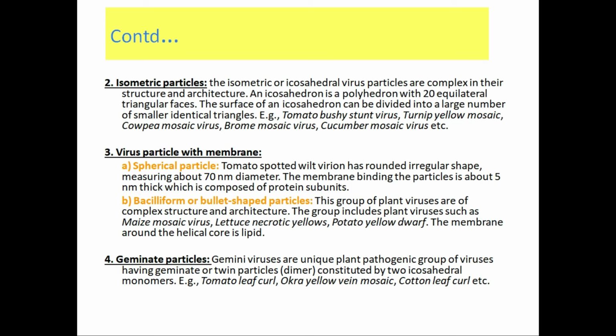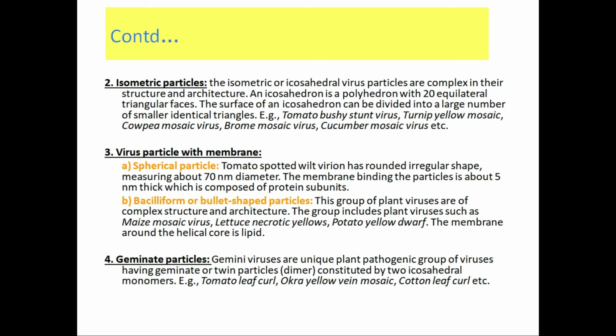Then virus particles with membranes, spherical or bullet shaped. Under spherical particles, we have tomato spotted wilt virus, which has about 70 nanometer diameter, and the membrane binding the particle is about 5 nanometers thick, which is composed of protein subunits. So bullet shaped particles also have this membrane. This group of plant viruses are of complex structure and architecture.